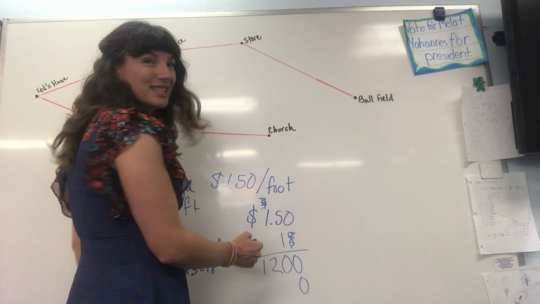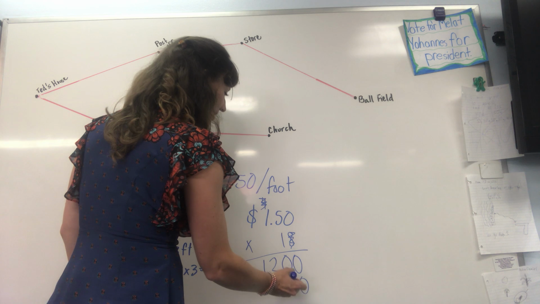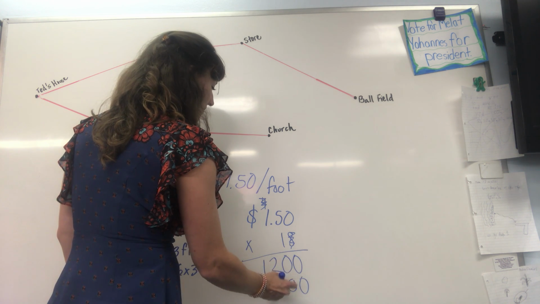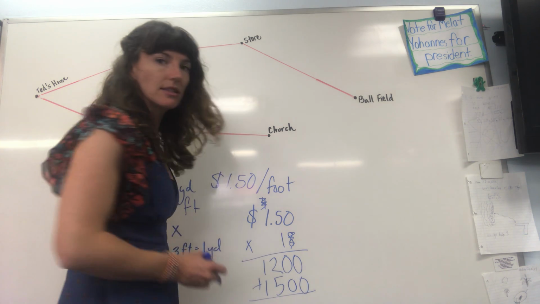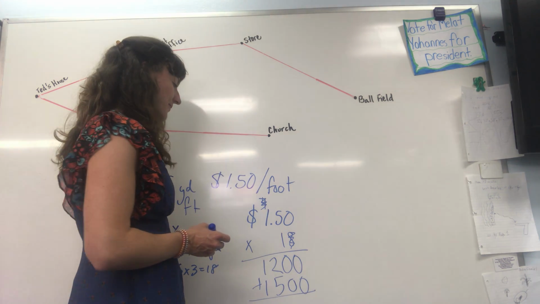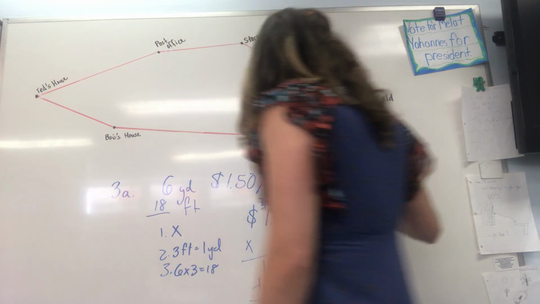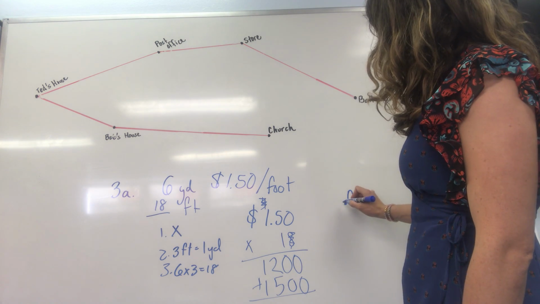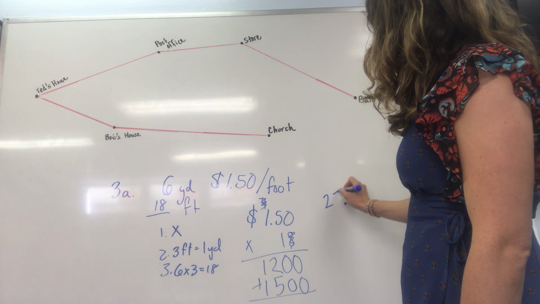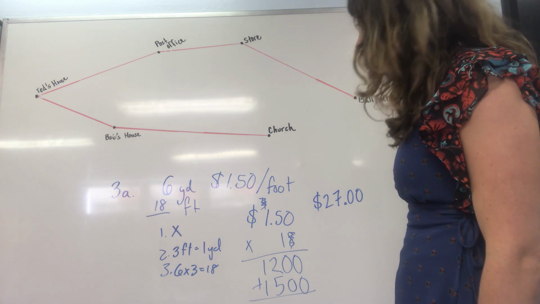Here we go. 1 times 0 is 0. 1 times 5 is 5. 1 times 1 is 1. Add those two together. $0 cents and $27.